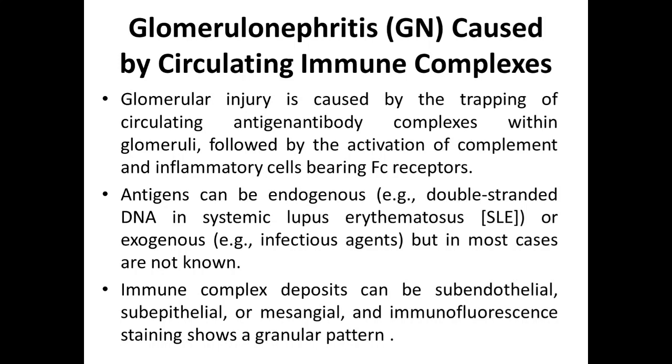And we can come to the next type and next pattern of glomerulonephritis, which is caused by circulating immune complexes. What does circulating immune complexes mean? I just want to repeat to you guys, and I'll draw your attention that these complexes deposit subendothelially.